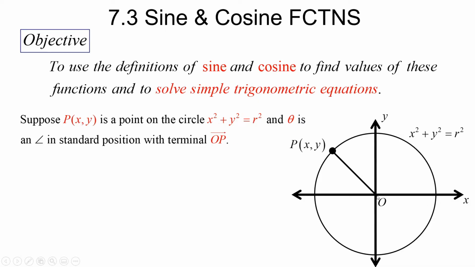So again, that means we're starting at the origin and we're going through point P right there. Awesome. So that's my angle theta right there. Perfect diagram. So what are we going to do with this diagram? x squared plus y squared equals r squared, again a circle centered at the origin with a radius of r. So the length of segment OP, the terminal ray, would be r.